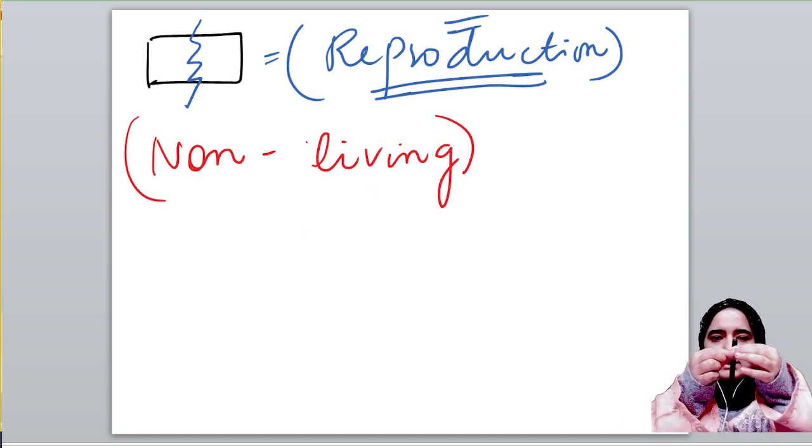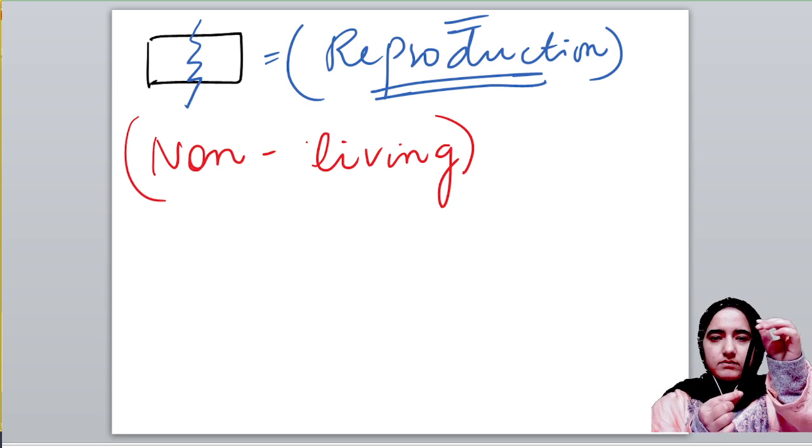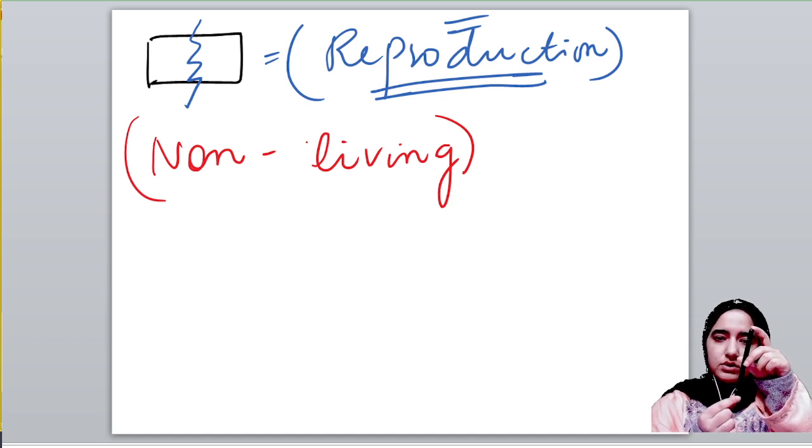Say for example, this is my pen; from the time I bought it, while it is continuously used, its height would be the same.